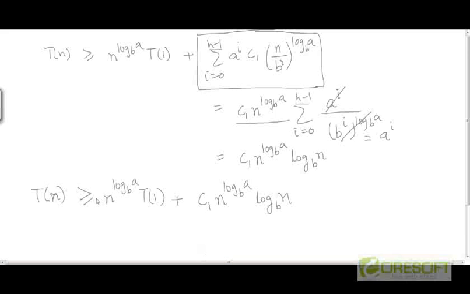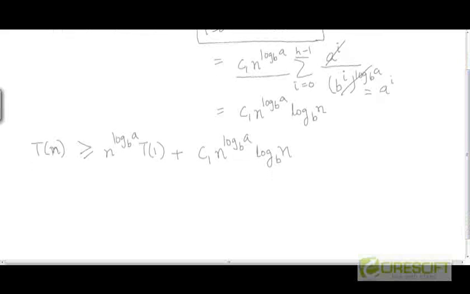So if T of n is greater than or equal to this plus this, it must also be individually greater than or equal to this. If it's larger than the sum of two terms, it must be larger than either term individually. So from this we can conclude that T of n is greater than or equal to c1 times n to the power log of a base b times log of n to the base b.